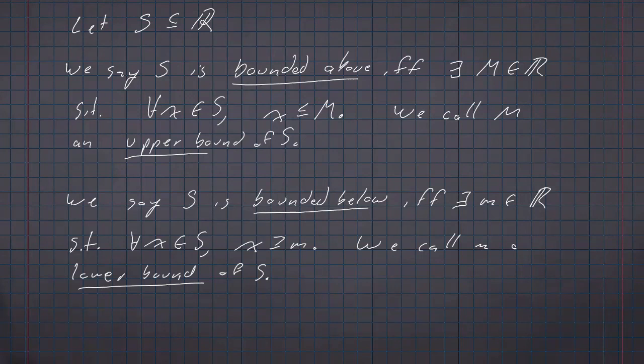If you can find this little m so that every value of x is greater than or equal to little m, then we call little m a lower bound on the set, and we say that the set is bounded below.